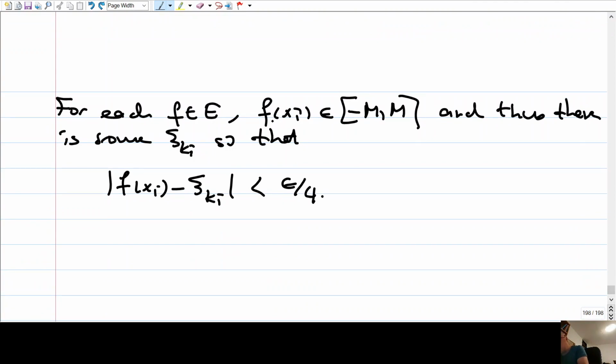Now, so for any f, there is a q tuple of points.